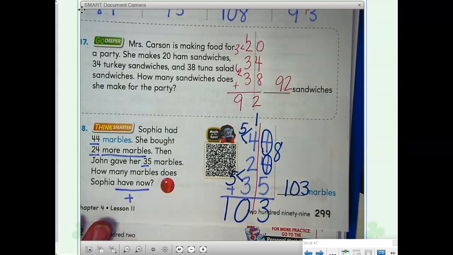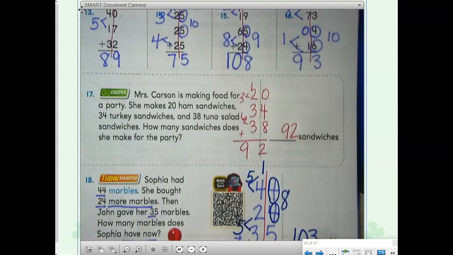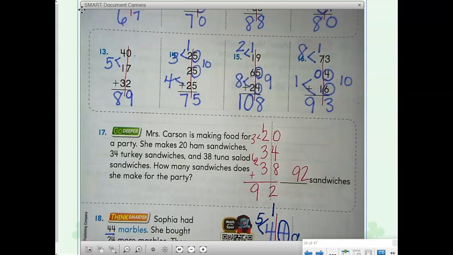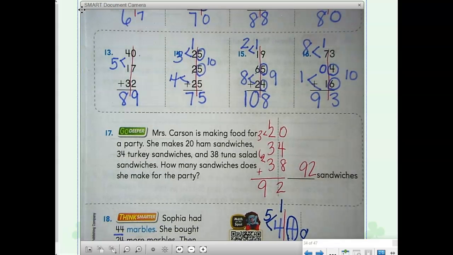All right. Now that's all out of our math packet we're going to do today because you have still been practicing adding two-digit numbers to two-digit numbers and practicing for a grade.